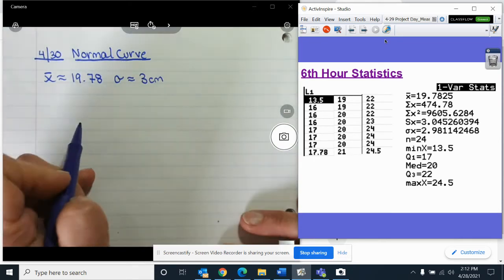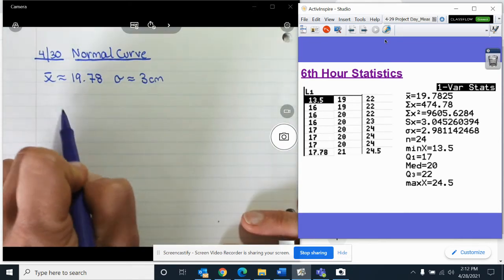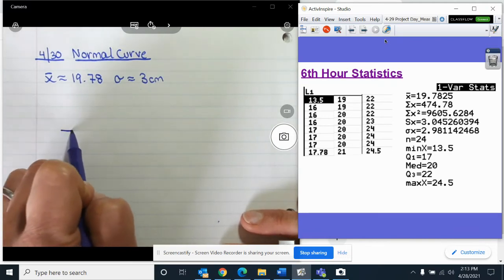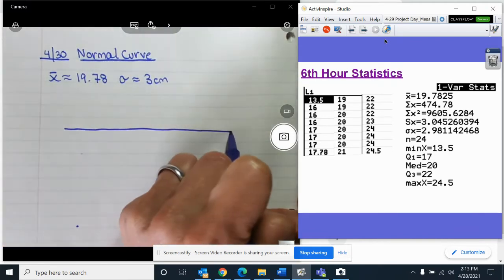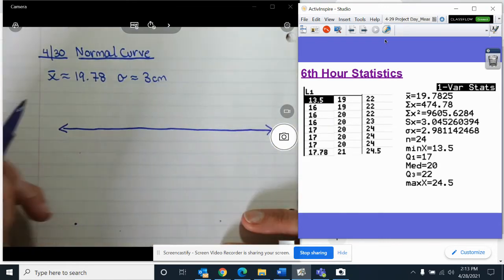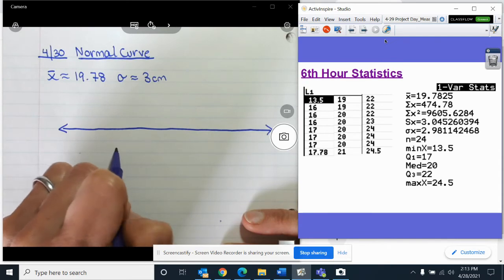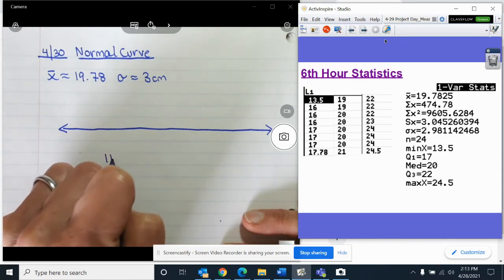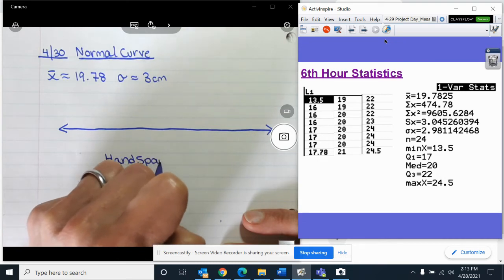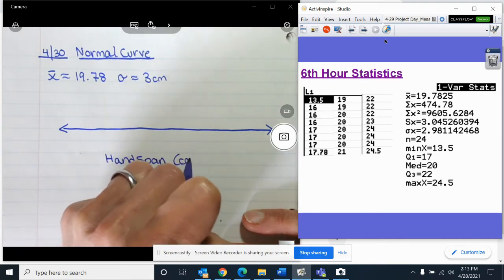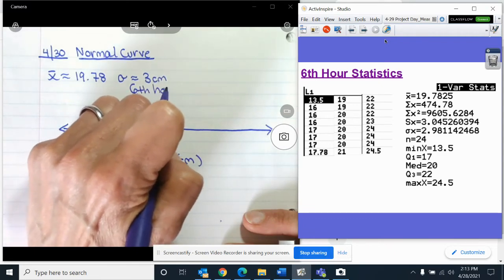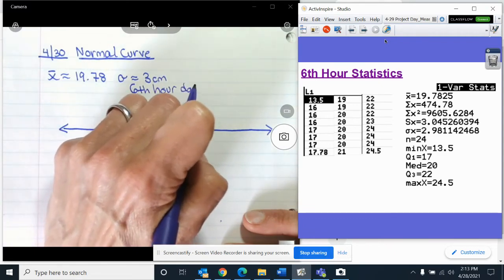So what I would encourage you to do is to leave some space and then draw your number line. And this again represents the hand span in centimeters. And this is 6th hour data.